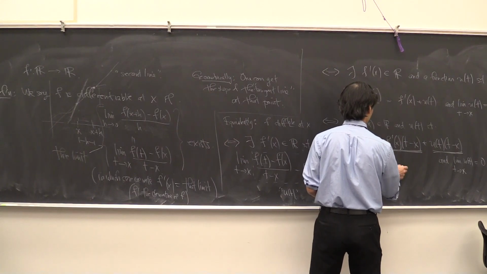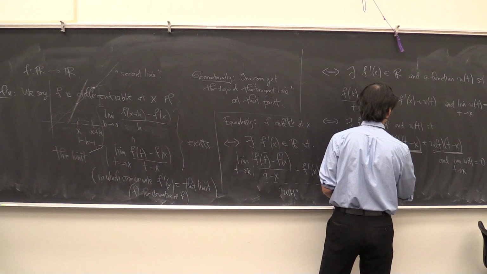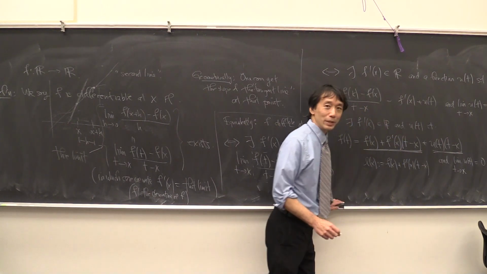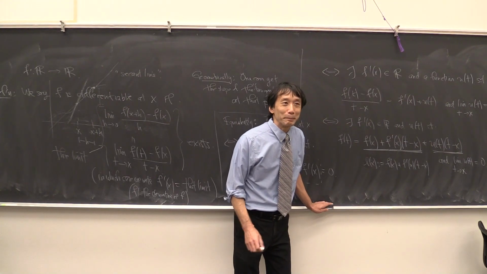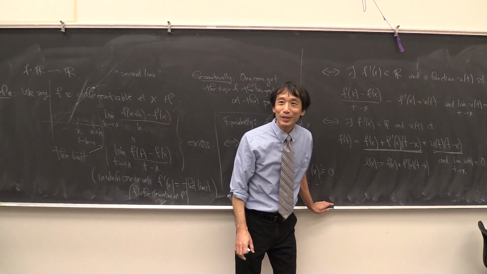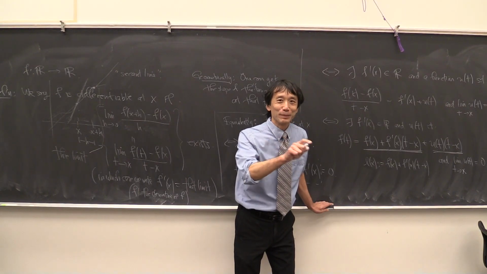L of x is going to be this guy. So what is L of x? Somebody want to say? I'm ignoring you guys. Somebody other than the regulars. Yes, number 3.